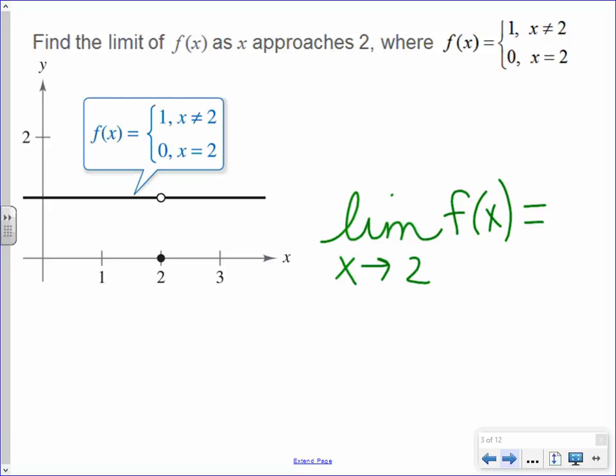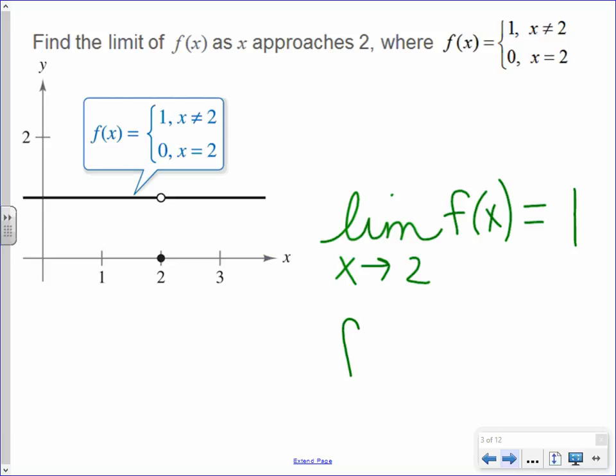If we write on our function, we get closer and closer to 2, what are we approaching with our y values? It is 1. Okay? As we get close to x equals 2, our y values are approaching 1.